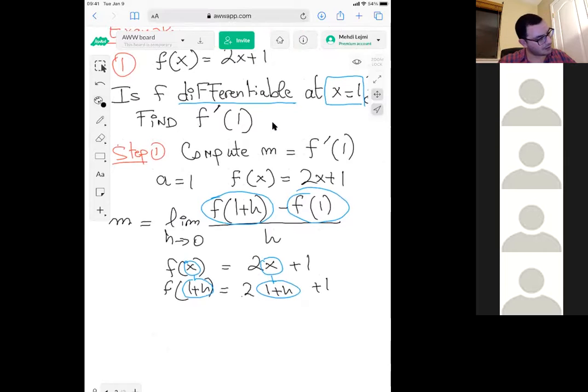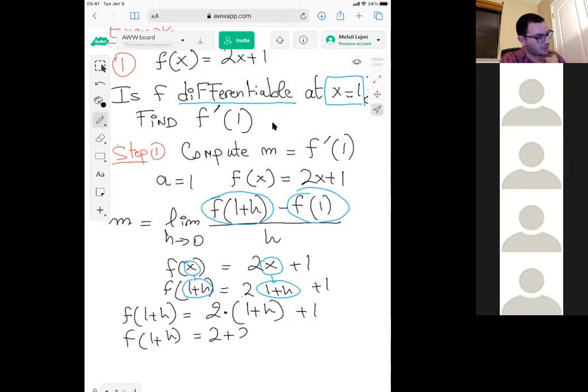So f of 1 plus h is 2 times parentheses 1 plus h, and then plus 1. So 2 times 1 is 2, 2 times h is 2h, and then plus 1. So 2 plus 1 will be 3.